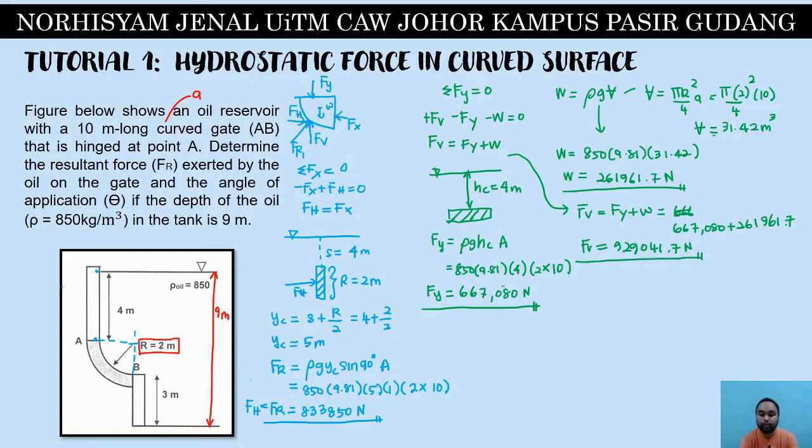Okay, when we get both Fv and Fh, so we can do the calculation for Fr. To find out Fr, Fr is equal to Fv square plus Fh square and square root of it. So Fr is equal to, square is 929,041.7 square plus 833,850 square.